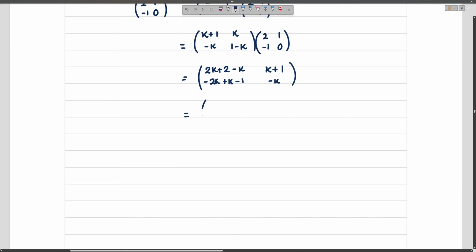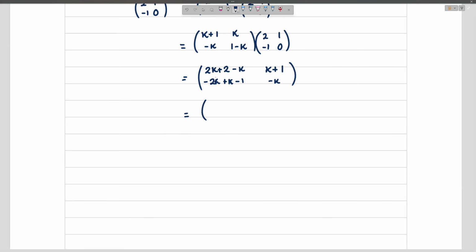So simplifying this here, what I get then is the following. So 2k minus k is just k, plus 2 there. So k plus 2. I get k plus 1 here, the top right element. Minus 2k plus k, that's minus k, minus 1 there, and then finally minus k here.